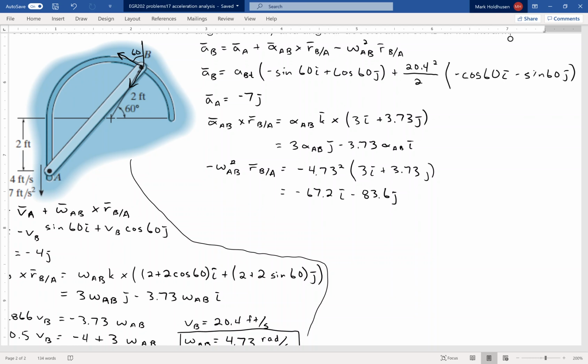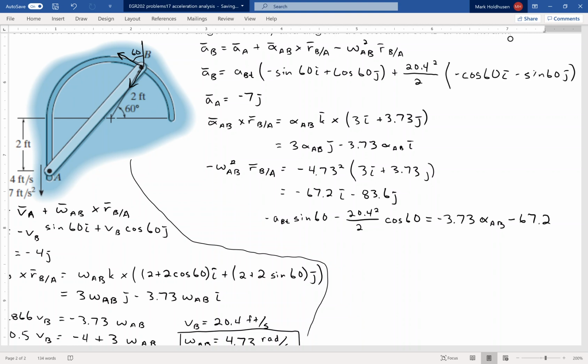So in the i direction, I have negative a_B,t sine 60 minus 20.4 squared all over 2 cosine 60, and that equals negative 3.73 alpha_AB and minus 67.2.